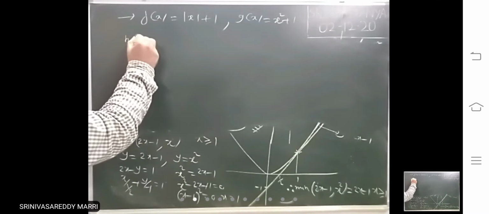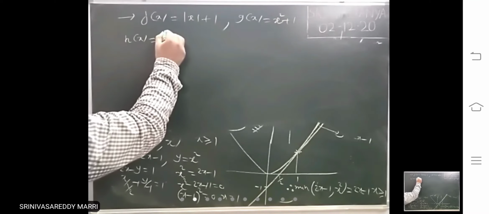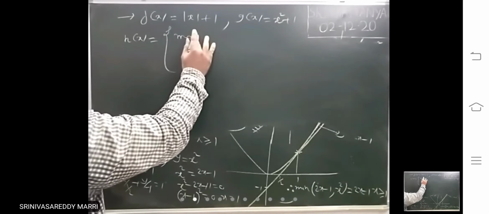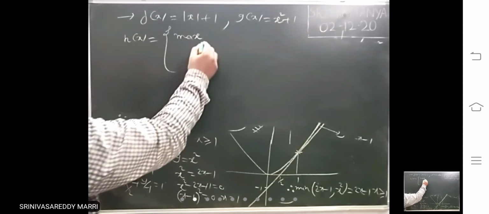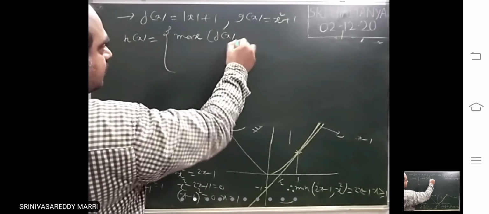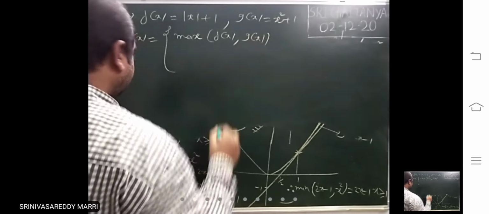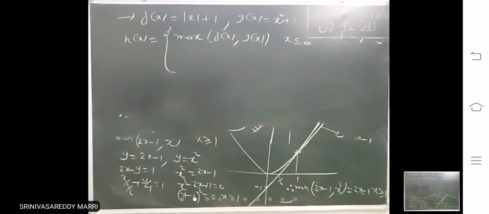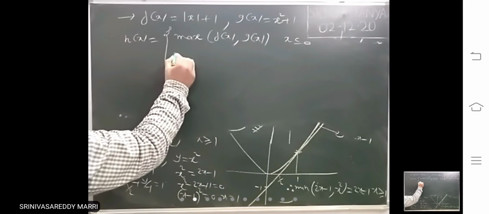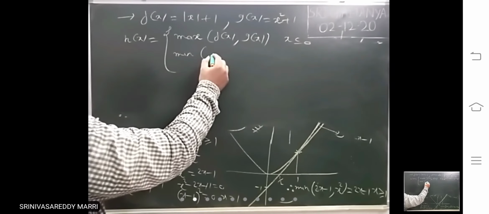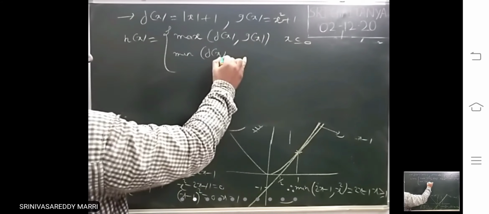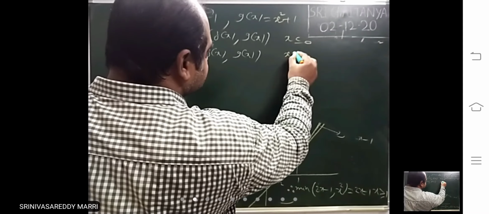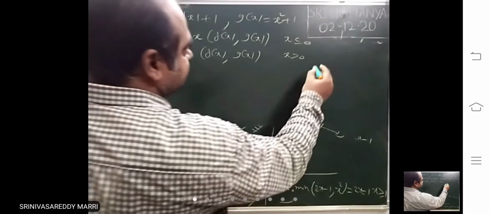H of x is defined like this: maximum of f of x comma g of x when x is less than or equal to 0, and minimum of f of x comma g of x when x is greater than 0.